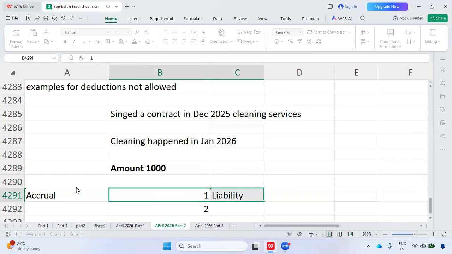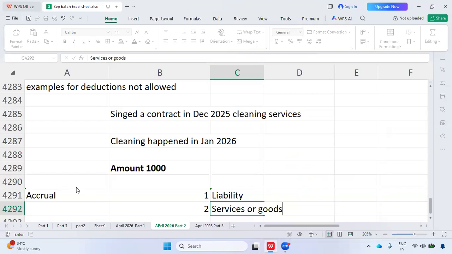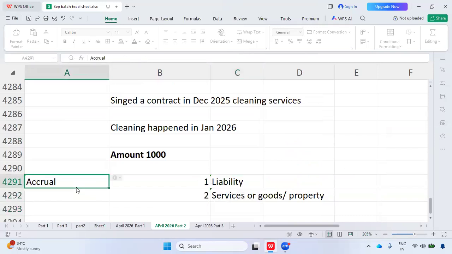If we are able to estimate the liability, then the all events test is met. And the second one, services or goods we should receive, goods or property. If you are meeting these two conditions, then we can claim it as an expense under the accrual method.